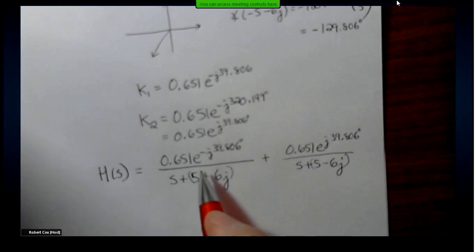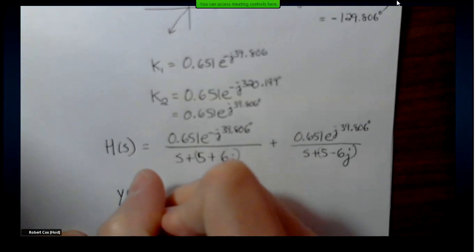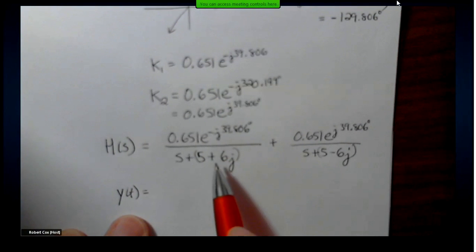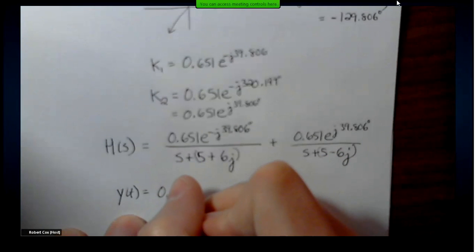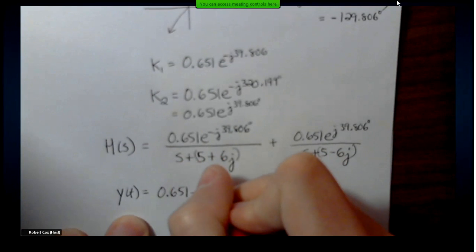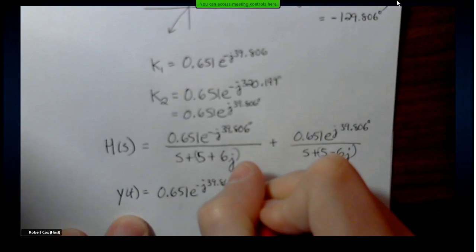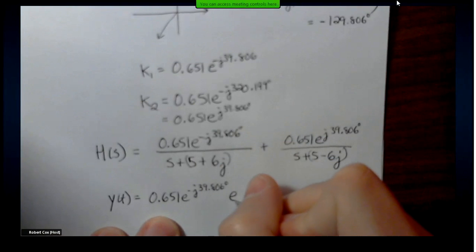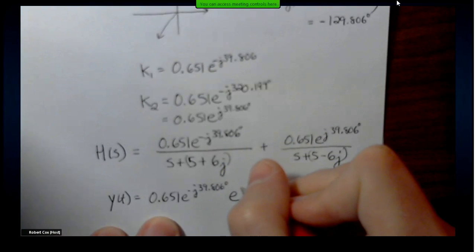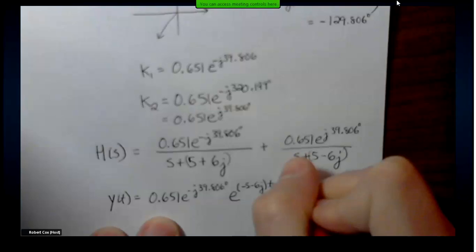Okay. So if I want to say what's my y of t here, what's my output, what's my time domain function? Well, it's the inverse Laplace transform of this thing. And it becomes 0.651 e to the minus j 39.806 degrees times e to the minus 5 minus 6j t.